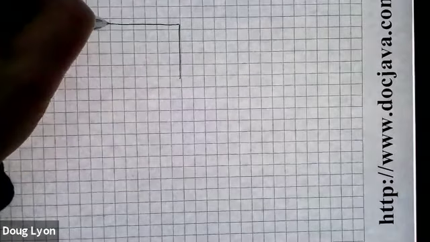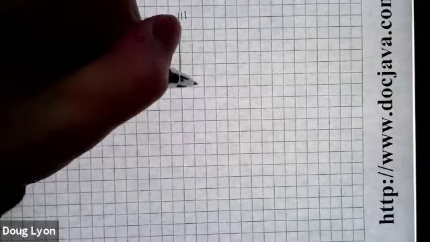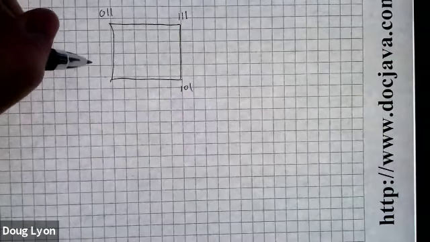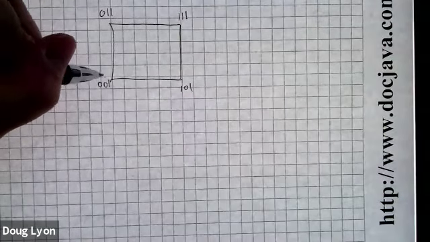What we'll do is draw a square. And then in the square, we'll put 0, 1, 1, 1, 1, 1, 1, 0, 1, and 0, 0, 1.